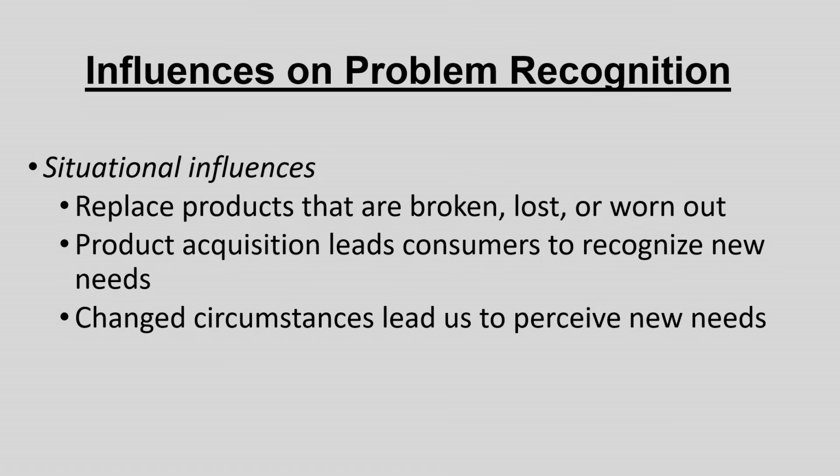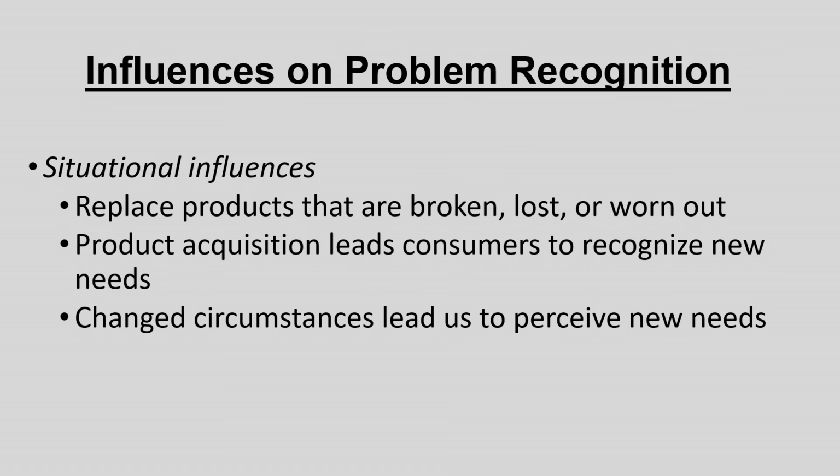So there can be influences from the situations that people get into, and that lets them understand that a particular problem is there, or a difference between the actual and desired state, or there can be certain market related factors which can help them see a difference between the actual and desired state, or it could be something within the consumer, some influences from the consumer himself, which will make them realize that there is a difference between the actual state they are in and the desired state they want to go to, and that the problem is there.